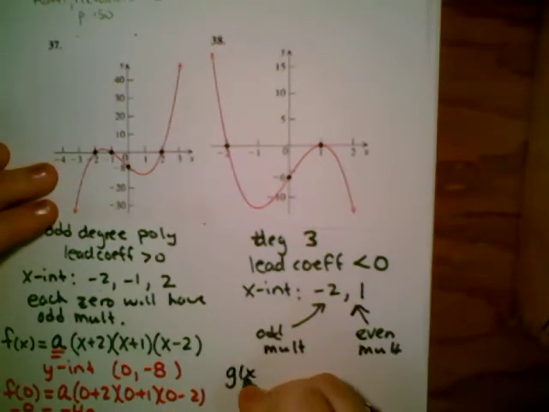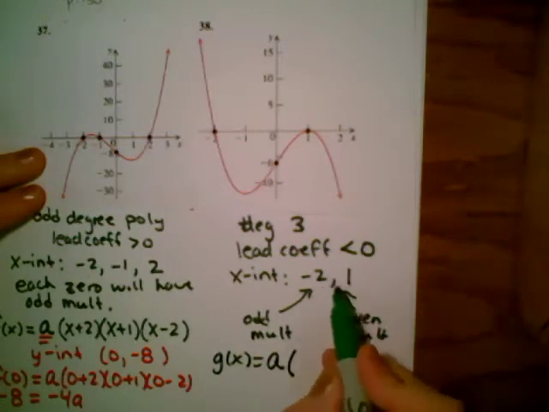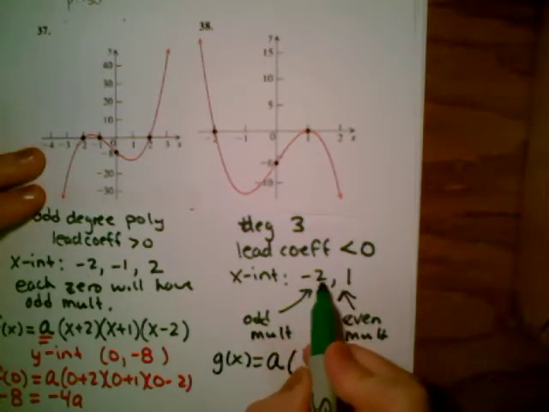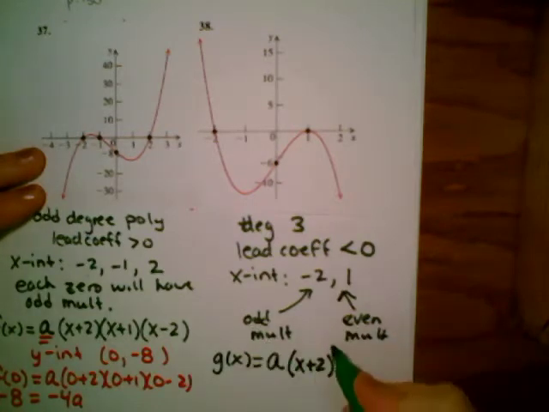So our curve, we might call this one g of x. We don't know what the leading coefficient is, but it's going to be negative. But we know the factorization otherwise. Since -2 was a 0, x plus 2 is going to be a factor. Odd multiplicity, so let's just let that be 1. We're going to make the simplest factorization possible.